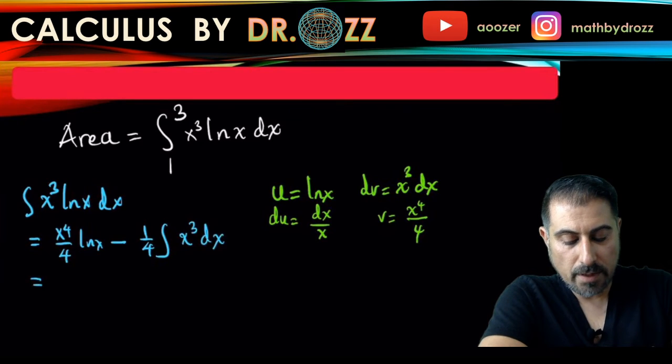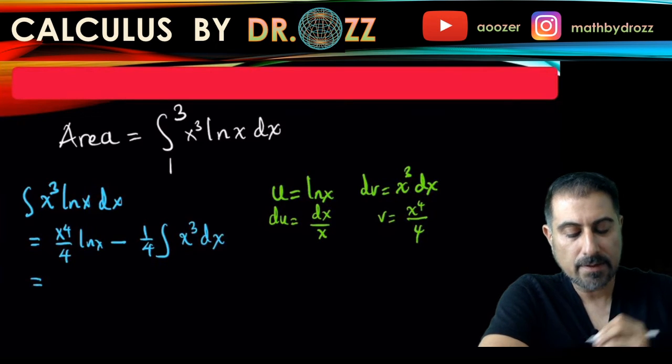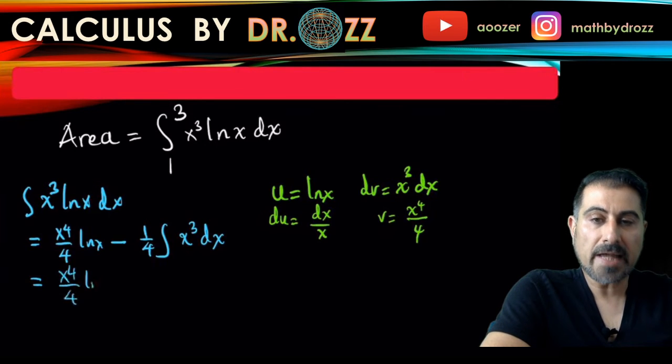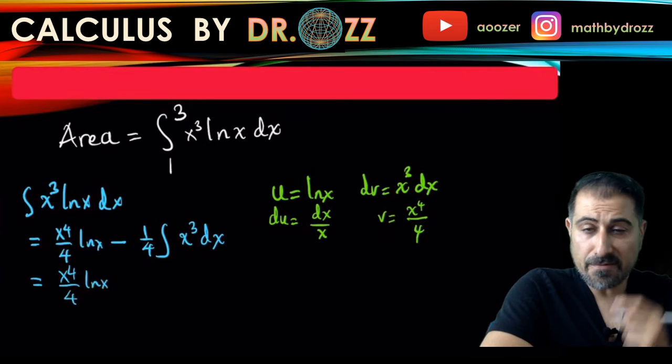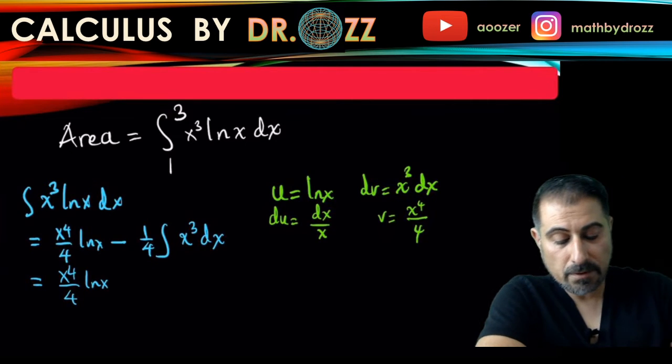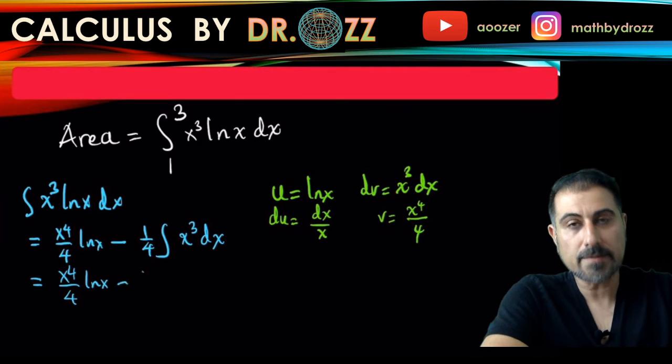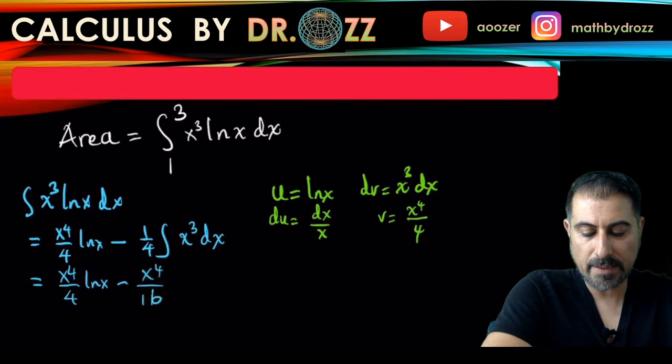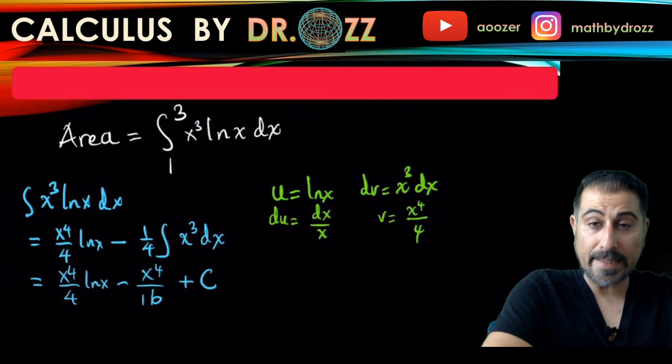X cubed is integrated as x to the fourth divided by 4, and you have another 1/4 outside the integral. So that's x to the fourth divided by 16 plus c. This is what the antiderivative of x cubed ln x is.